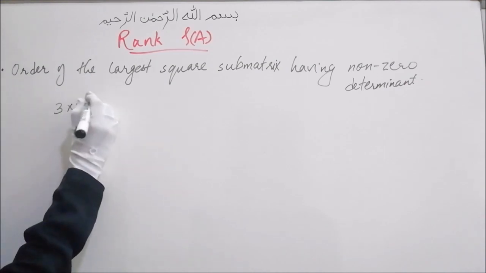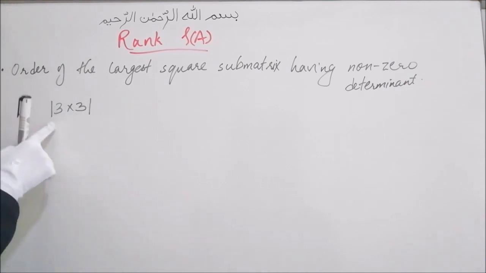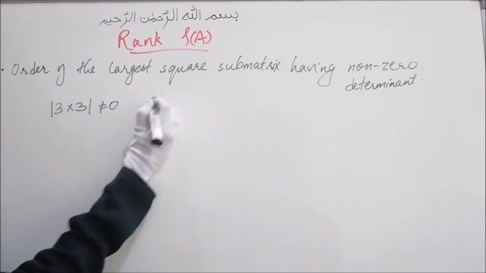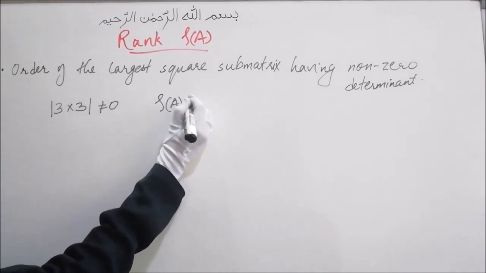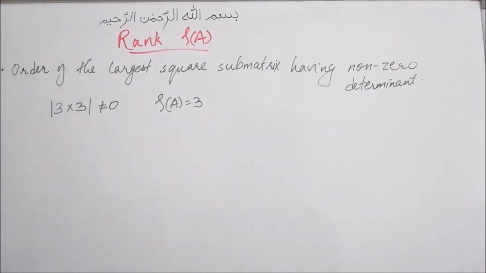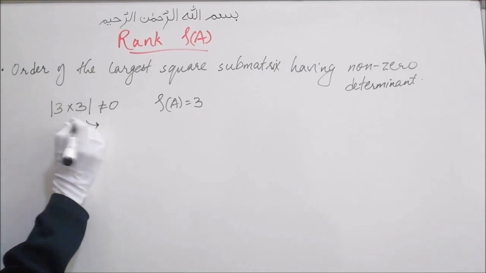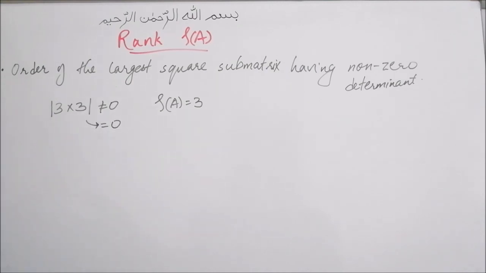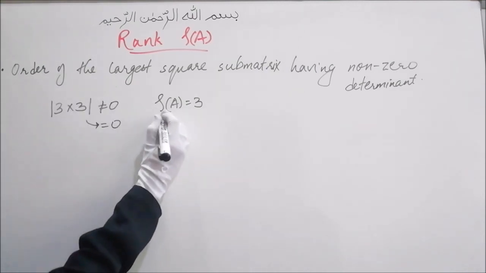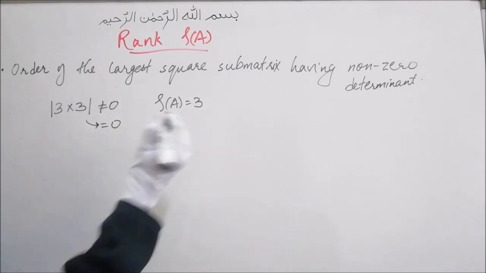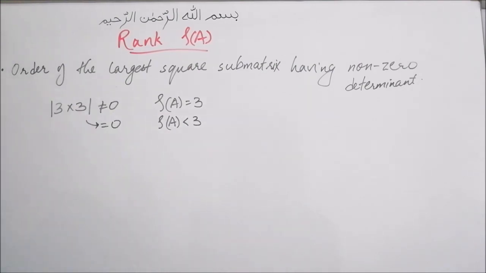You take the determinant of that matrix. If the determinant is not equal to 0, then the rank of the matrix will be equal to 3. If the determinant of this 3 by 3 matrix is equal to 0, then the rank of our matrix will not be 3, it will be some value less than 3. So how do we find that exact rank now?